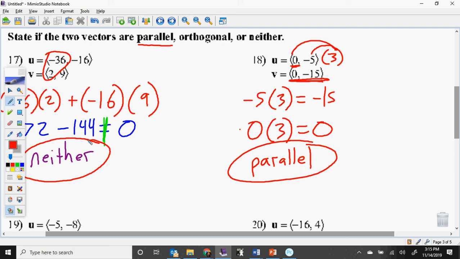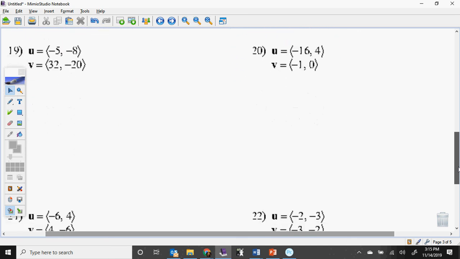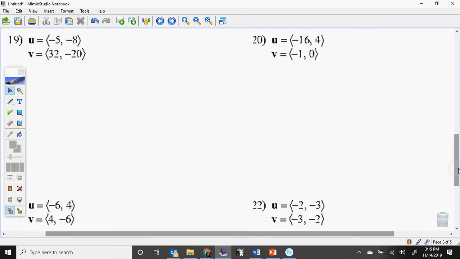Okay, and then I'll scroll down and try number 19. This will be the last one that I do. So again, let's start off checking for parallel. Parallel means I'm going to multiply by some number and get the other. Now for this one, 20 divided by 8 is 2.5. So I could see if I can distribute 2.5.